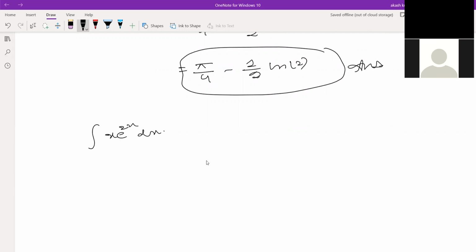Sorry, but I have a question I want to ask before I forget. What if we have the integration of cos 2x? Integration of cos 2x. Yes. Okay, so cos 2x becomes sin 2x.